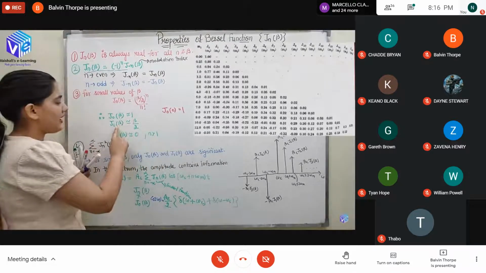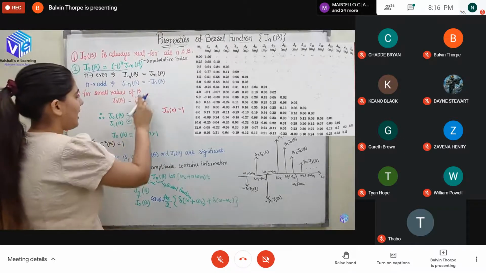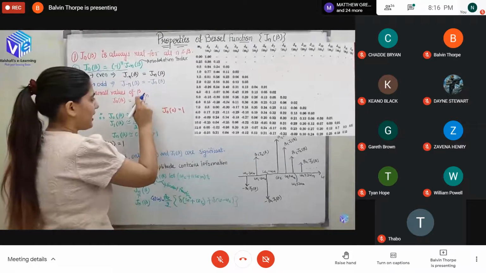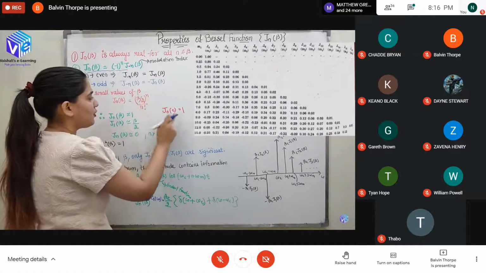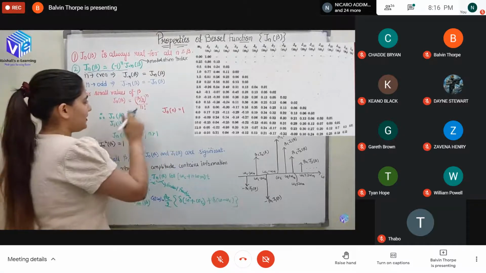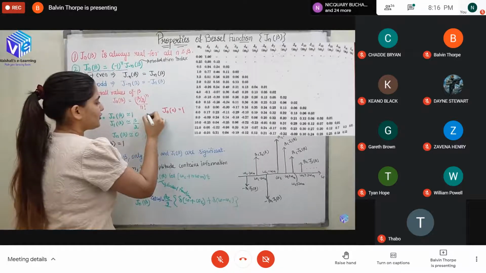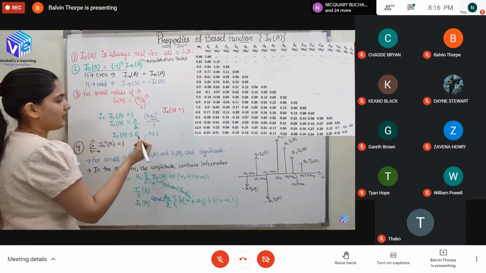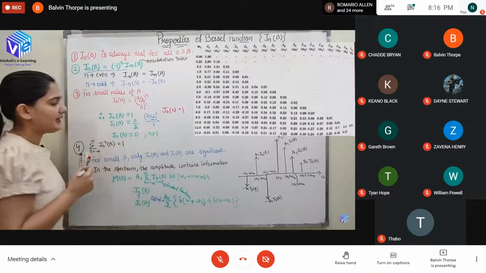Now I'll put the value J1. So n is 1 here. So 0 raised to power, beta by 2 raised to power 0 was 1. Similarly, if I put 1, it is beta by 2 raised to power 1 upon n factorial. 1 factorial would be 1, so it is beta by 2.